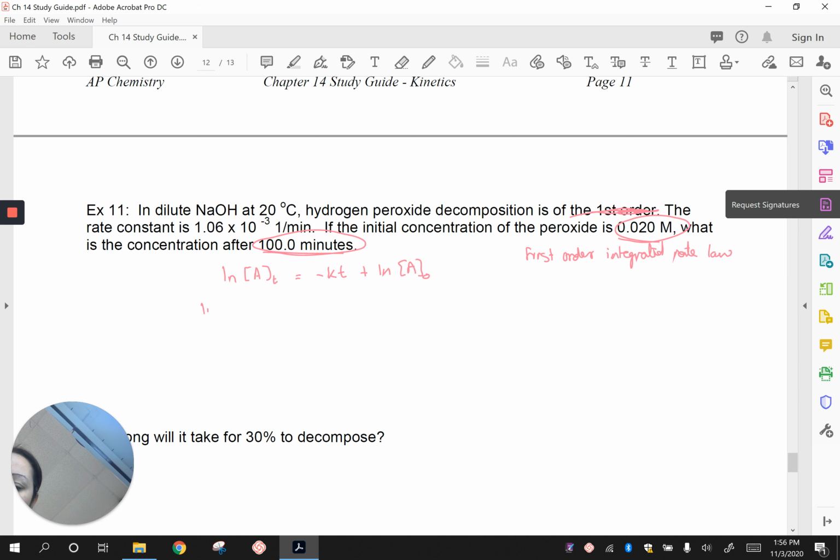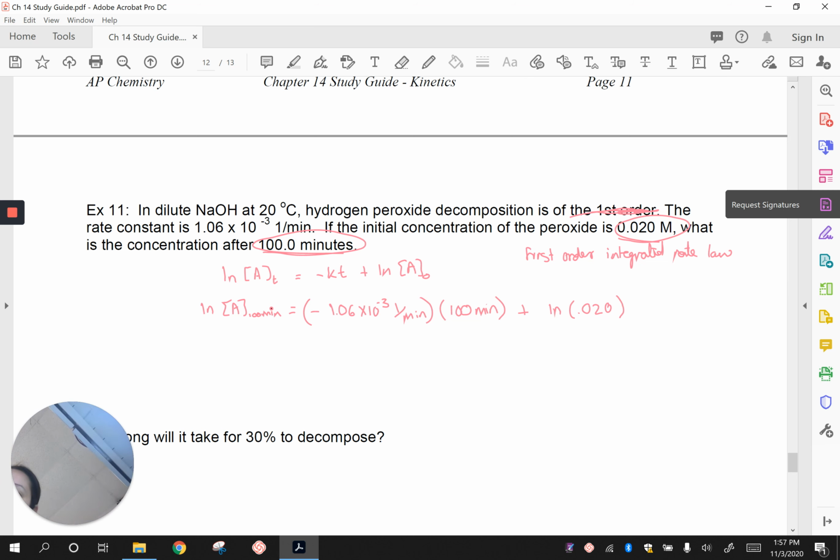So we're going to say natural log of the concentration of A at 100 minutes is equal to negative K, which is 1.06 times 10 to the negative third per minute, times time, which is 100 minutes, plus natural log of 0.020.